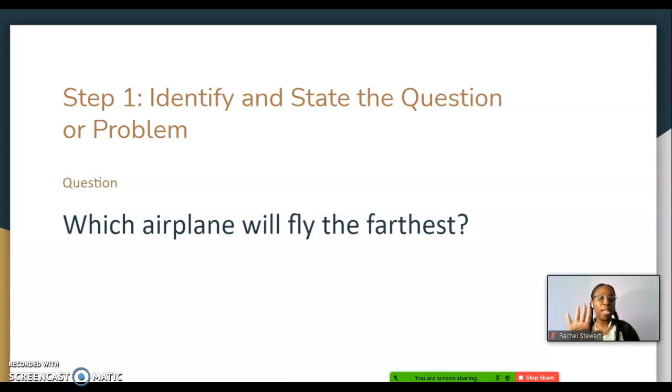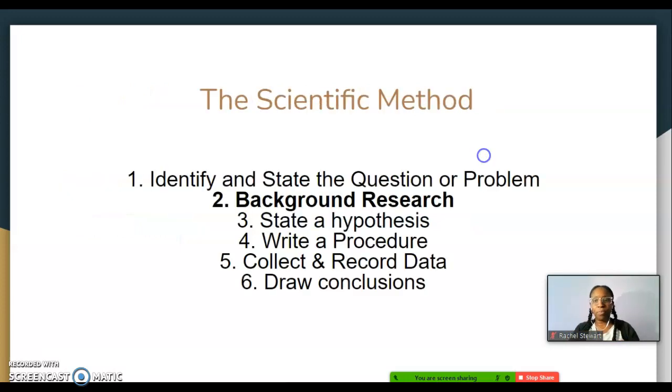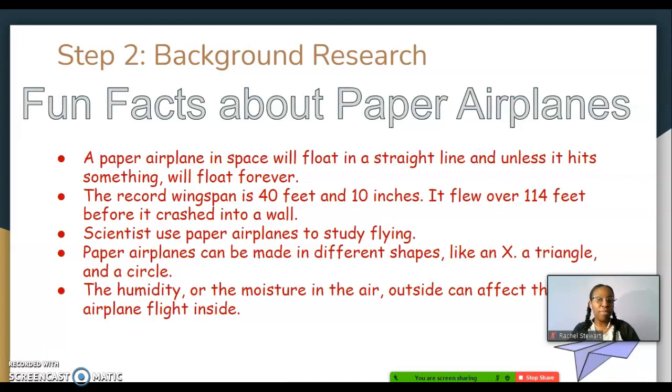If we had airplane A and airplane B, which one would fly the furthest and why? After we get our testable question, we must do background research. In this case, we have some background research on airplanes according to our scientific question. You do not want research that has nothing to do with your question. Your research should be solely based off of your scientific question.